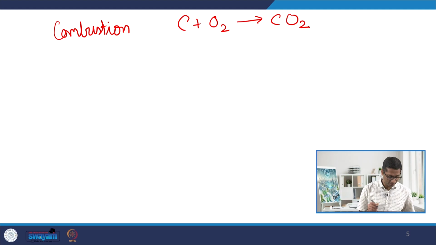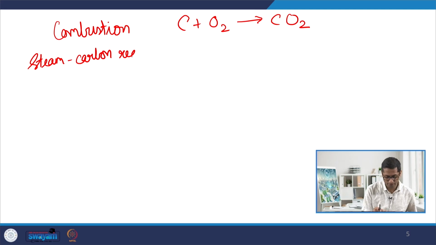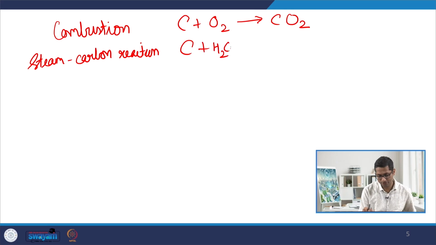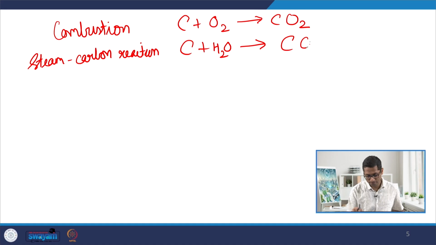Then another reaction that occurs is the steam carbon reaction. This is the carbon reacting with steam or the inherent moisture in the coal to produce carbon monoxide and hydrogen.